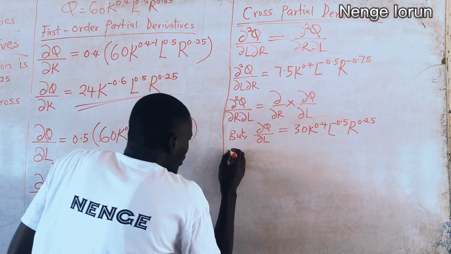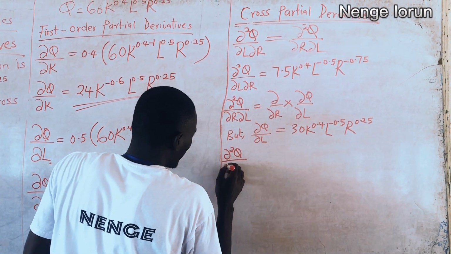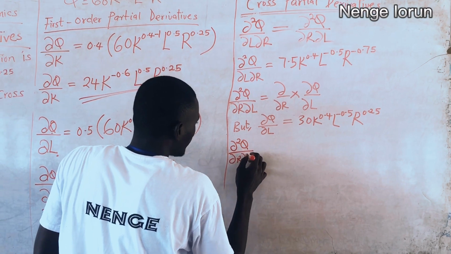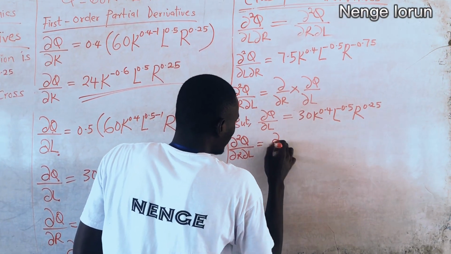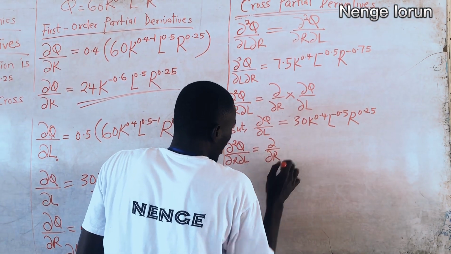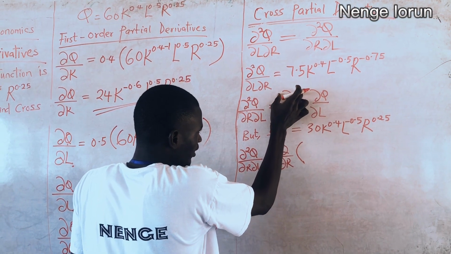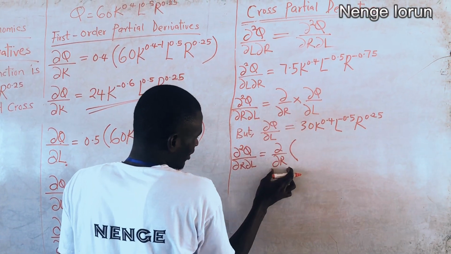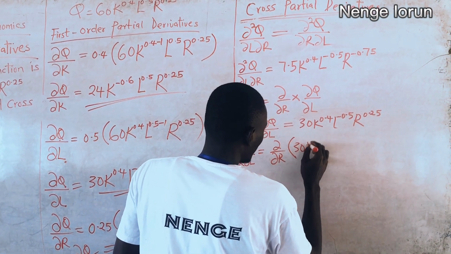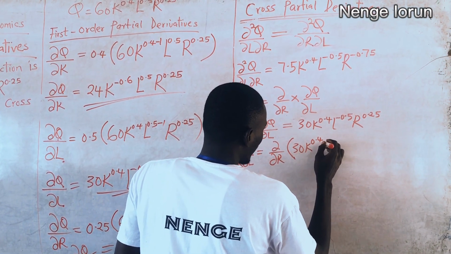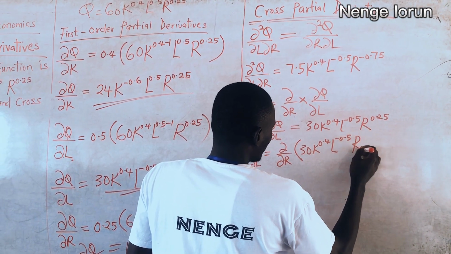So now, the second order cross-partial derivative of q with respect to r with respect to l is equal to the cross-partial derivative with respect to r. Look at it here. So in place of this, you will impute this value. You have 30k raised to the power of 0.4, l raised to the power of negative 0.5, r raised to the power of 0.25.